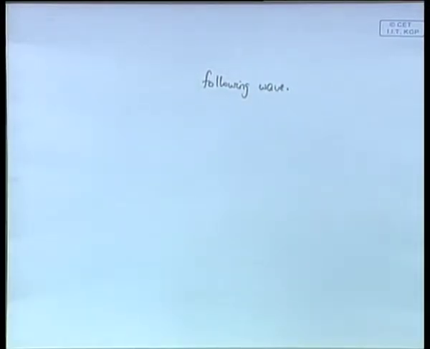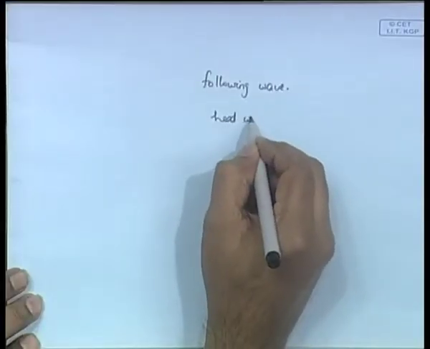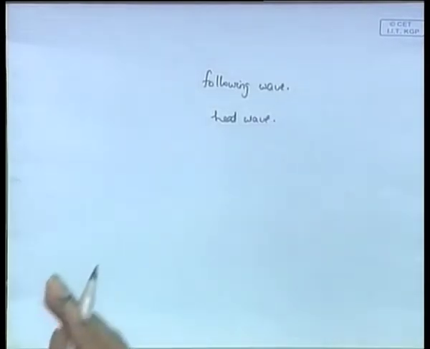If the wave on the other hand comes at 180 degrees, directly opposite to the ship, it comes and hits in the front, and we call that a head wave. So, the wave is coming from the front.